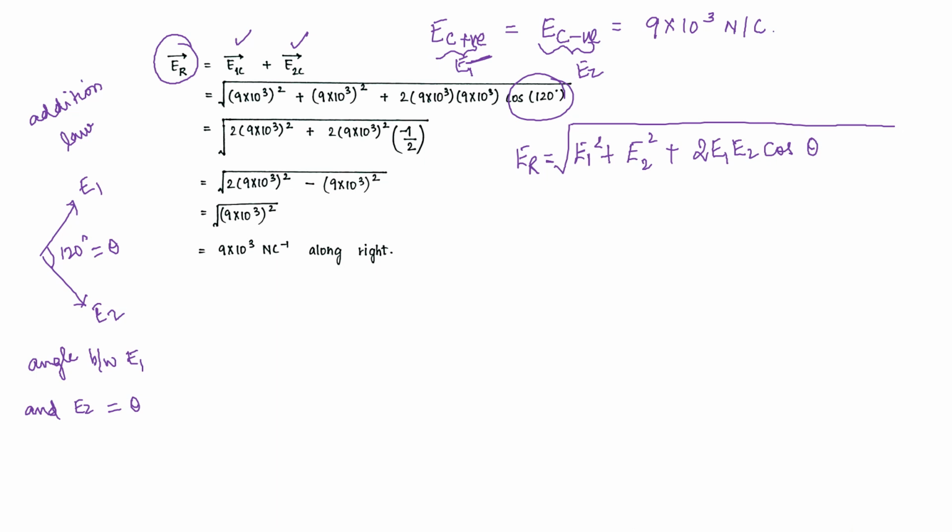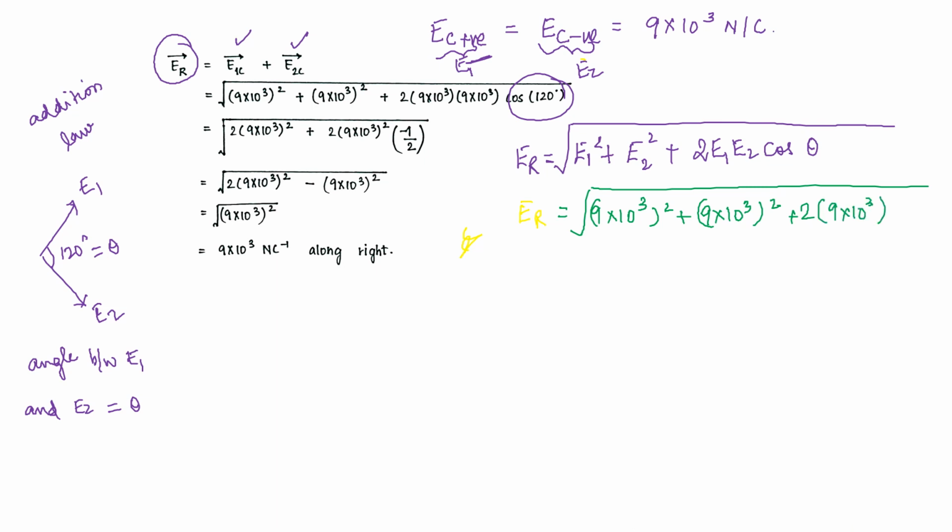Okay, now further solving, what we exactly get is that E resultant equals the root of 9 into 10 to the power 3 whole square plus 9 into 10 to the power 3 whole square plus 2 into 9 into 10 to the power 3, again it will be whole square because E1 equals E2, and then cos 120.